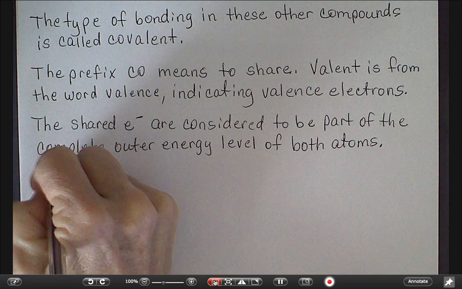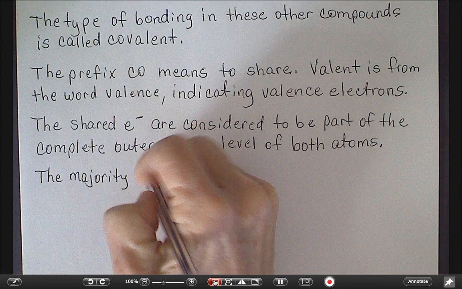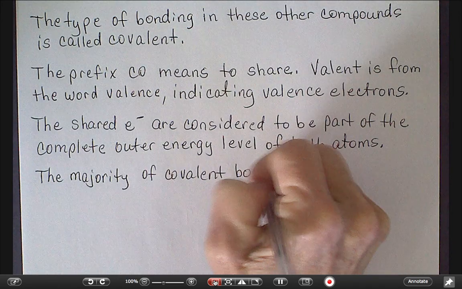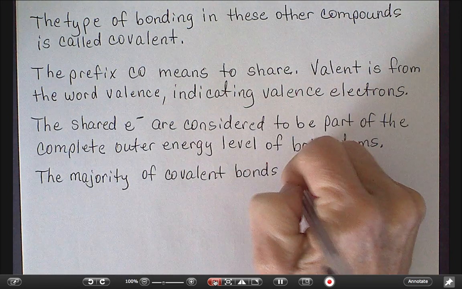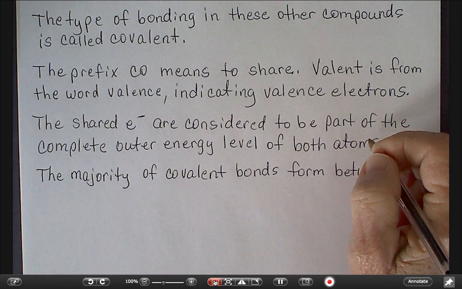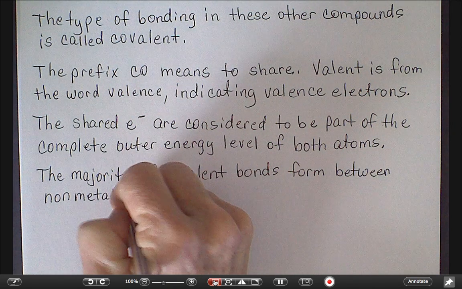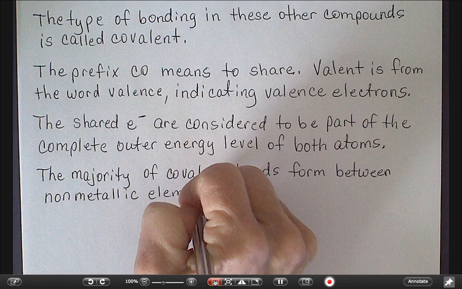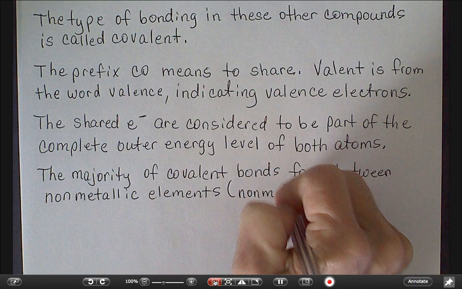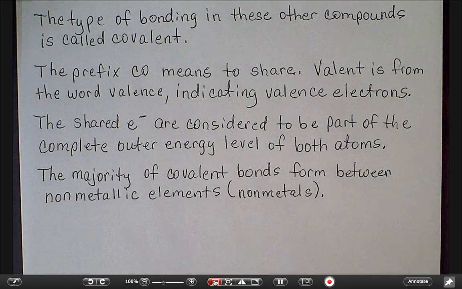The majority of covalent bonds form between nonmetallic elements, which is basically nonmetals. Nonmetallic means nonmetals.